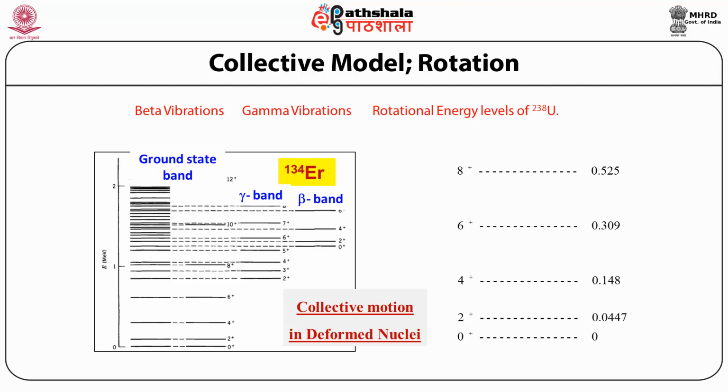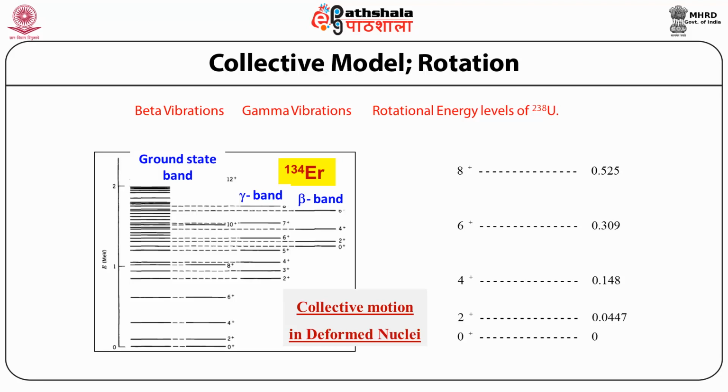On the right hand side picture, we see the energy sequence we should expect for a rotational energy sequence. The energy levels are separated following the I into I plus 1 rule: 0 plus, 2 plus, 4 plus, 6 plus, 8 plus.